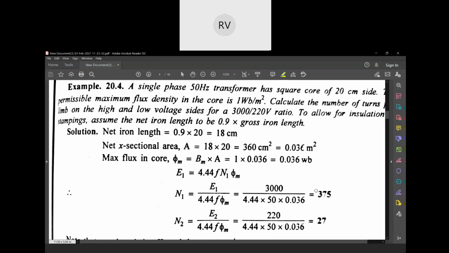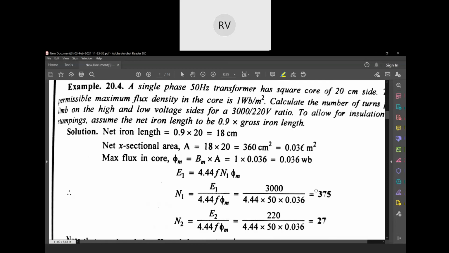So now we need to find out the cross sectional area. Here you need to remember that this is only for the length, the breadth is not being changed. So the total cross sectional area becomes a rectangle, which is 18 into 20. If you do that, you'll get the cross sectional area as 360 centimeter square.